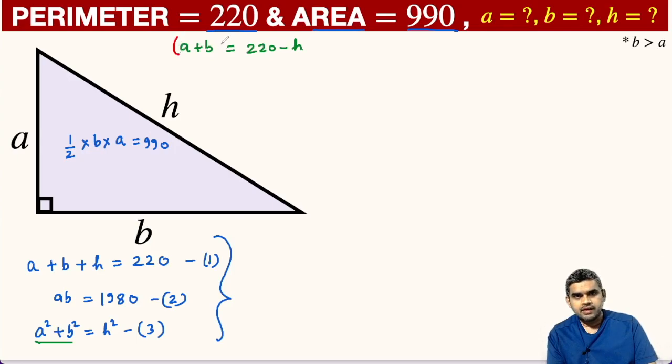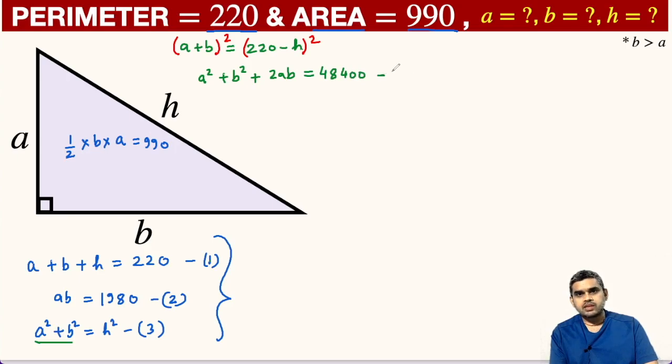Now we can square it on both sides. So this will be a squared plus b square plus 2ab equals 220 square, which will be 48400 minus 440h plus h square.